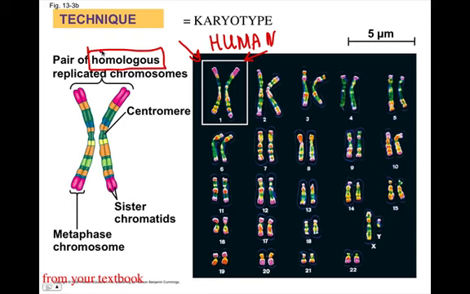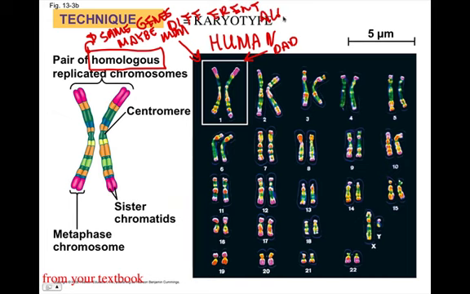So homologous, they have similar genes, like the gene for hemoglobin or insulin, but they may have different alleles. So homologous chromosomes: same genes, maybe different alleles of the genes. Again, we're just grabbing this concept because we've been dealing with it.